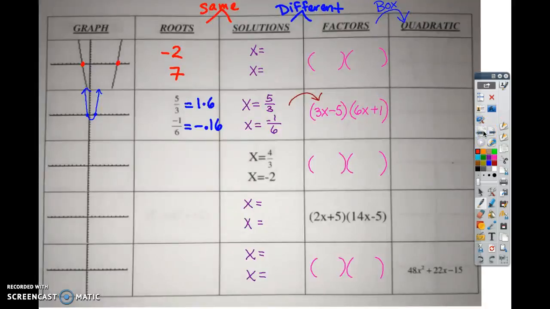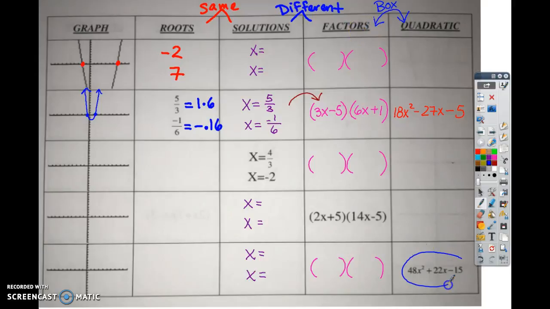So that's 18x squared minus 27x minus 5. And I'm almost done with this. The last thing that I need to remind you about is that when you go from quadratic back to factors, you still do the box.